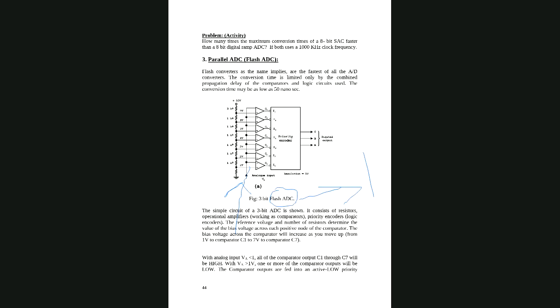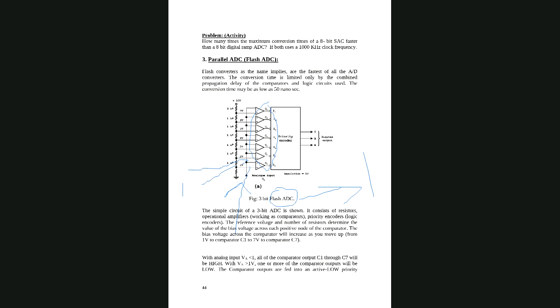My question is simple: what will be these comparator values? For example, the first comparator, let's say you have 0.9. This negative terminal is 0.9 and the positive is how much? 1, right? This is our input, which is going to the negative terminal.